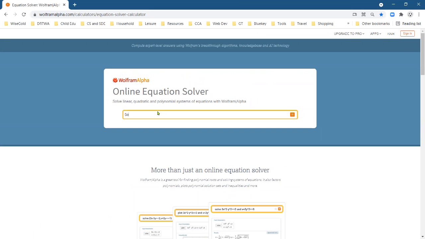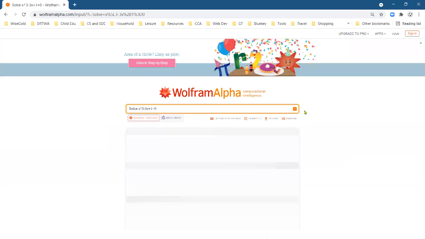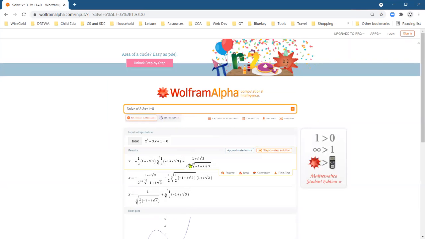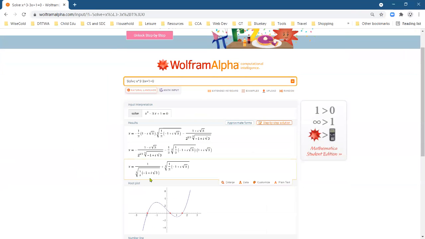You can just put solve x cubed minus 3x plus 1 = 0, and hit enter or click this equality sign here. And this online tool will automatically calculate the solution for you, okay? This is an analytical solution.